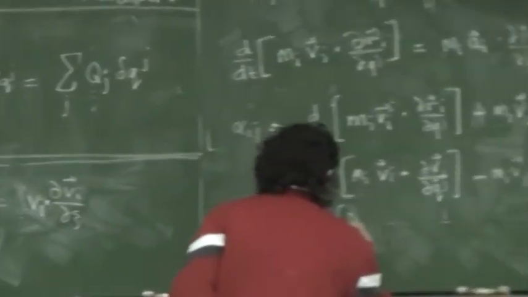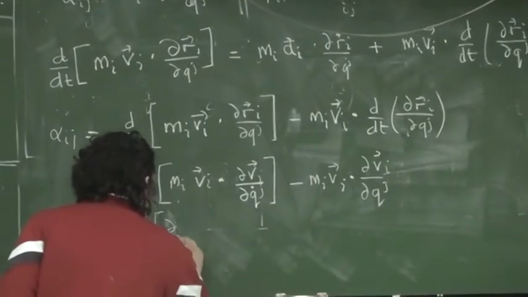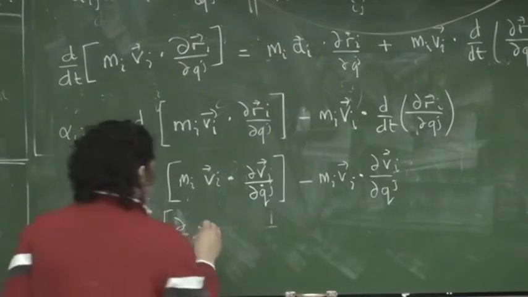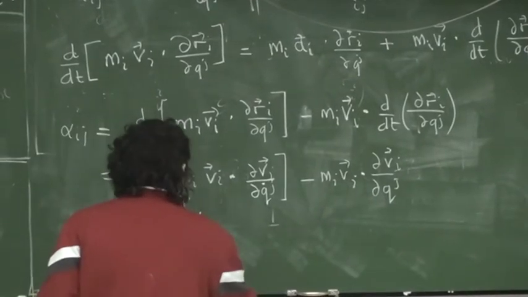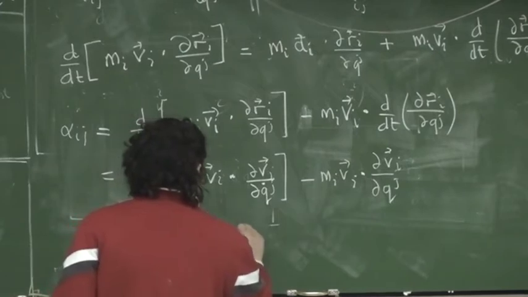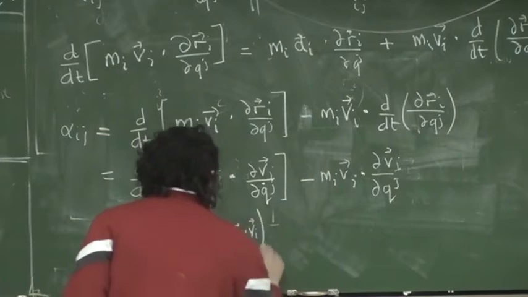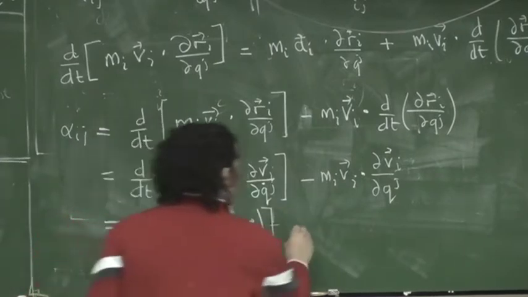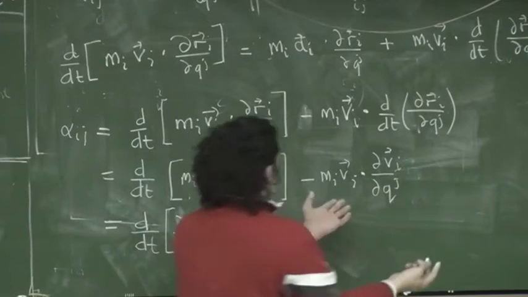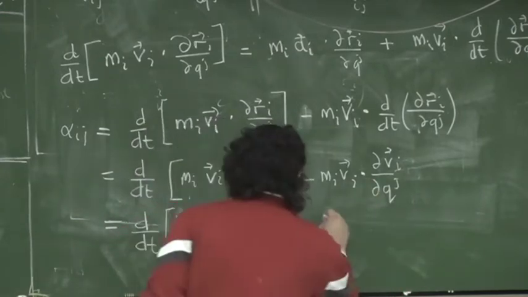I'd like to take my del qj dot, and I'd like to put half mi vi dot vi, minus, again, I'm going to take the del by del qj out of everything.